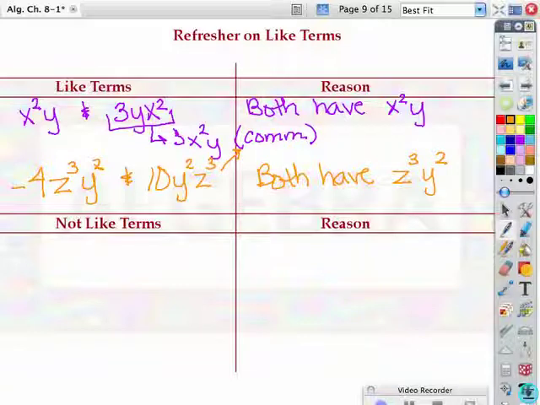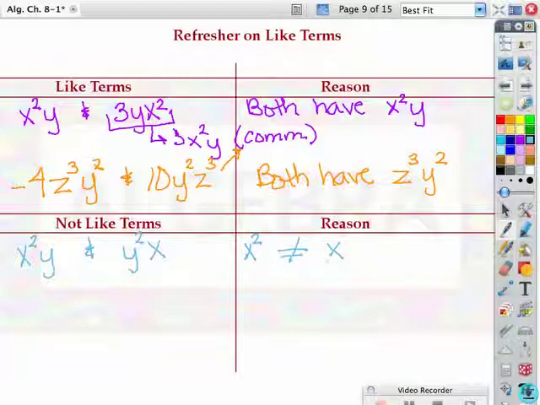All right? Now, if we're talking about terms that are not like, let me just modify the examples we have under the like terms. If I gave you the variables x squared y, and then I changed this to be y squared x, this is not the same because in the first term x is squared and in the second one x is not squared.